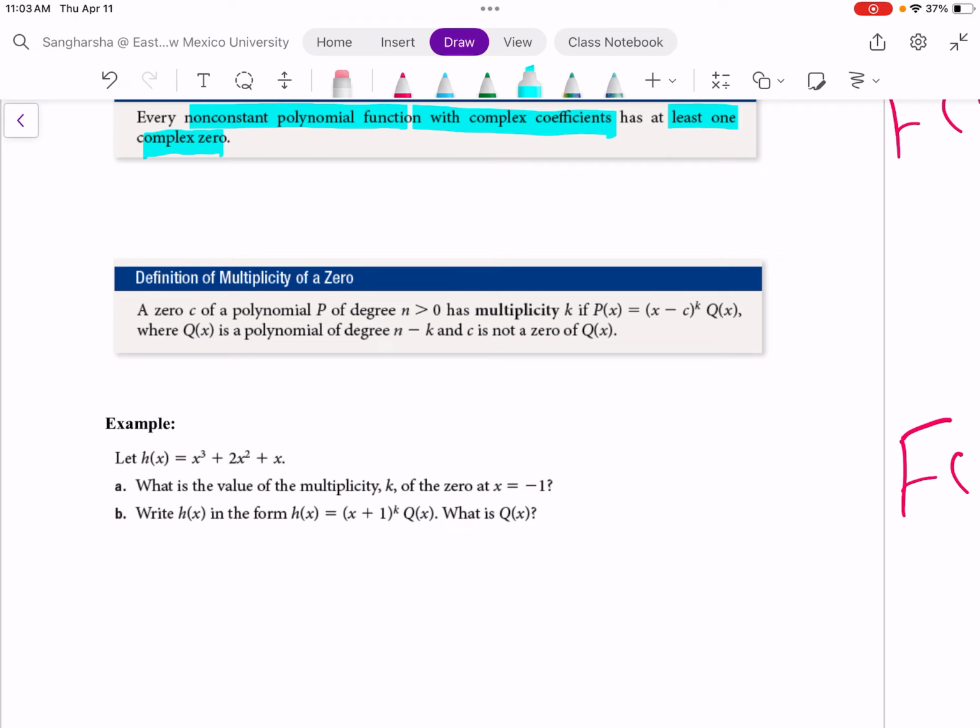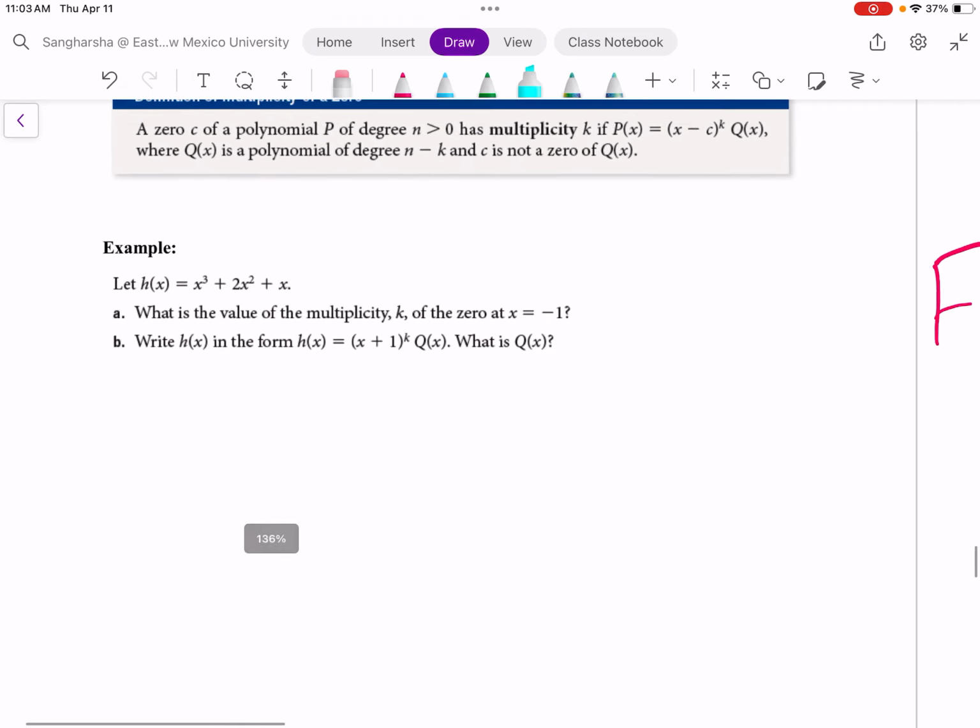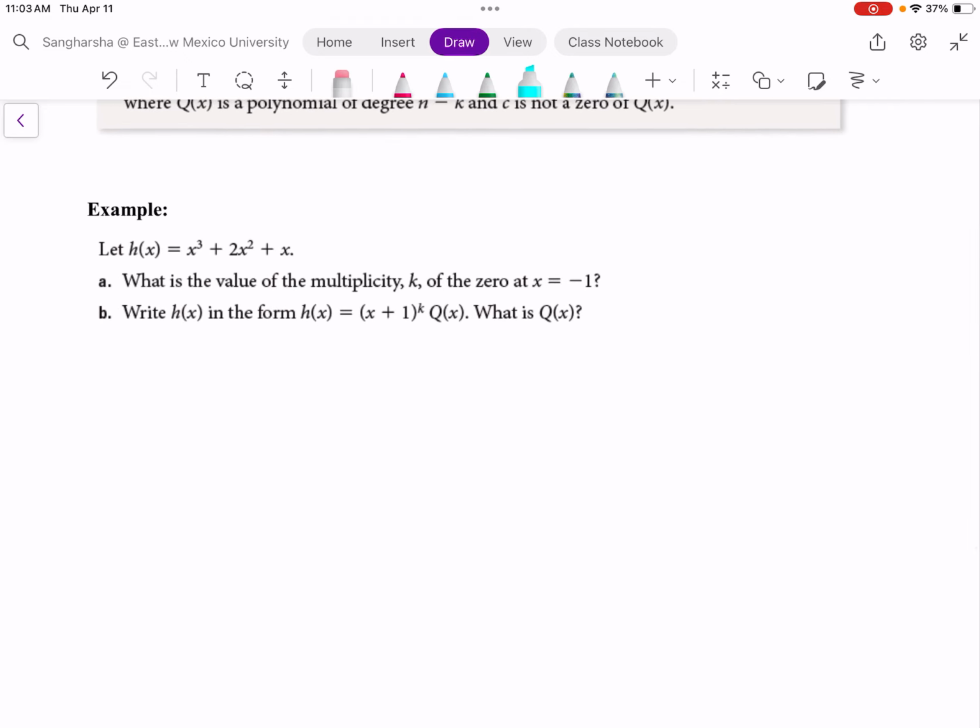We did define the multiplicity, and we will see that in this example. We have the function h of x equals x cubed plus 2x squared plus x, and our target is finding the multiplicity and finding the zeros here.